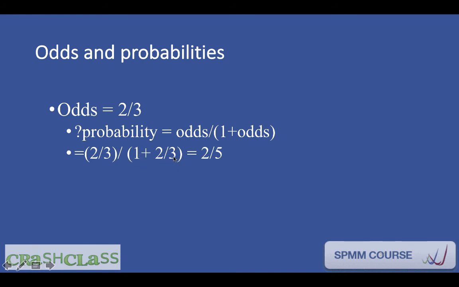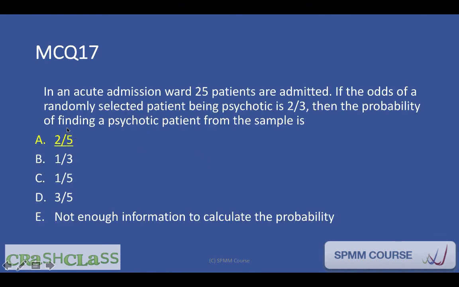When you do that, you take the denominator of the fraction and multiply it by the whole number. 3 into 1 is 3, and then 3 plus 2 is 5. So 5 divided by 3. So the value in this bracket becomes 5 by 3. 2 by 3 divided by 5 by 3 is 2 by 5 because you cancel both the 1 by 3's and you get 2 by 5 as the answer. So the answer for this is 2 by 5.